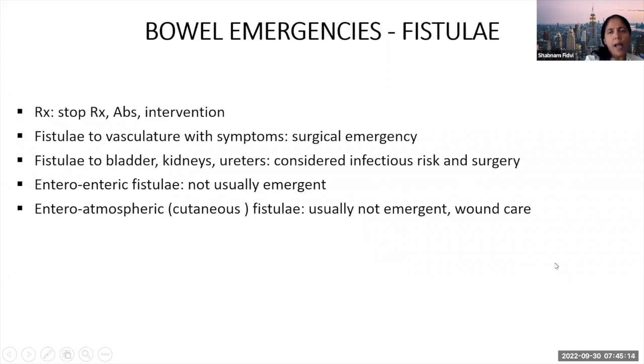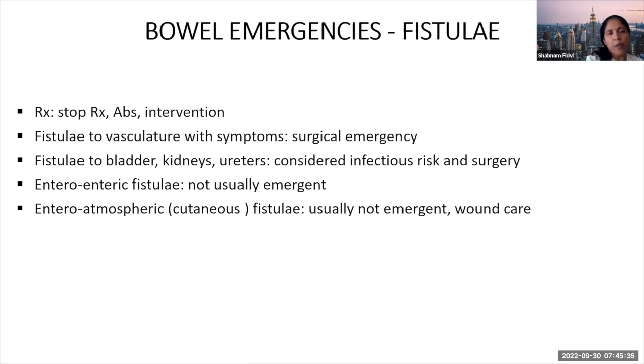So, how are fistulae managed? The first thing is you stop the offending treatment, start antibiotics, and then decide on a course of intervention. Depending on the fistulous communication, if there's a fistula to vasculature with symptoms, this constitutes a surgical emergency.